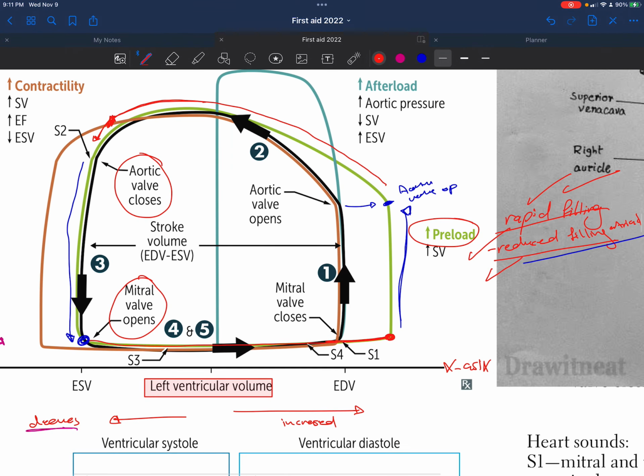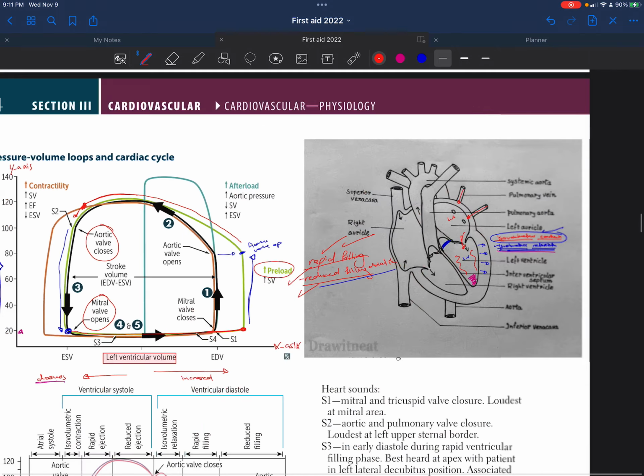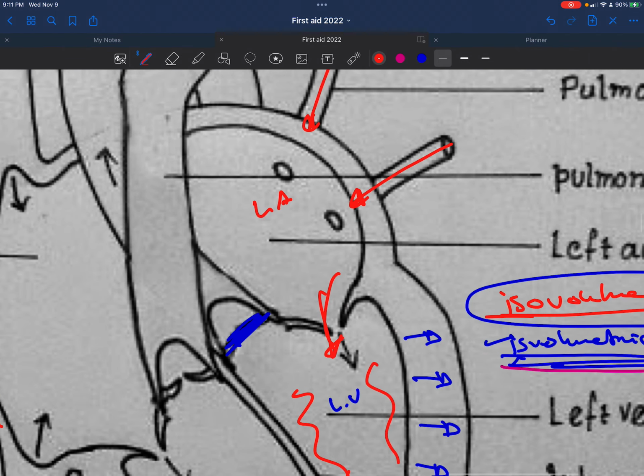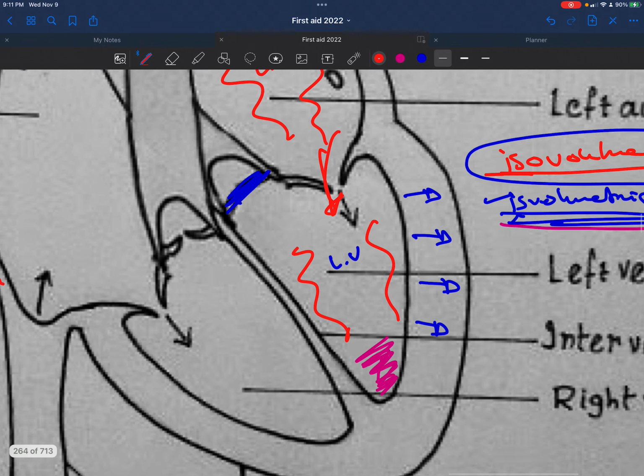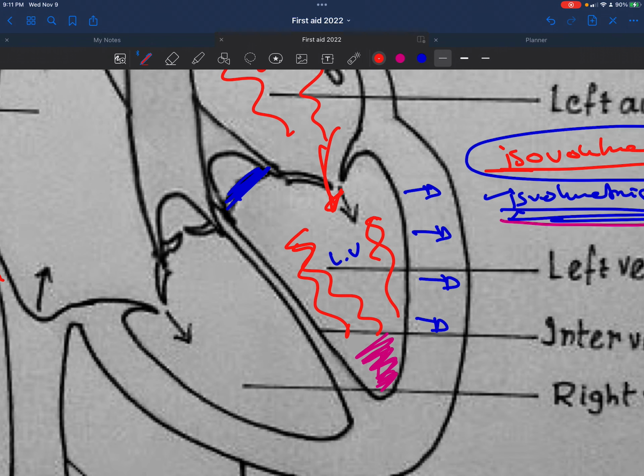So if we take a look at what happened here, we said because we increased the preload, that means the amount of blood that fills the heart is more than expected, more than the usual. So the amount of blood that stays at the end of this filling, at the diastole, is more than expected.